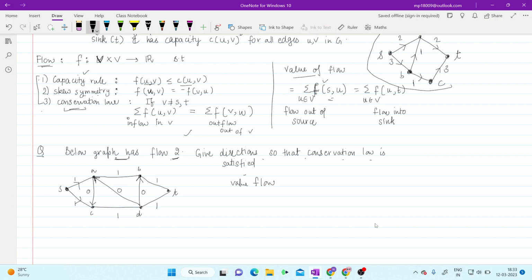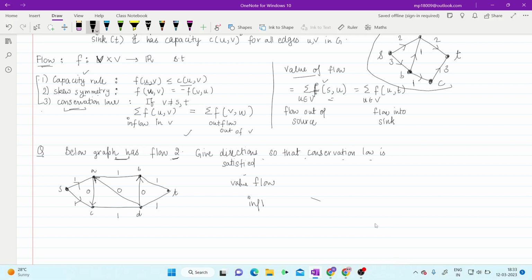Now let's see what about AB. What is the direction of AB? AB only. Why? Because conservation law says that the inflow coming into A should be equal to the outflow going from A. So what is the inflow in A? 1.